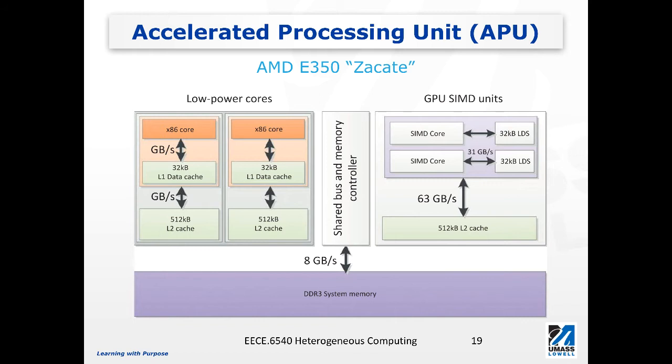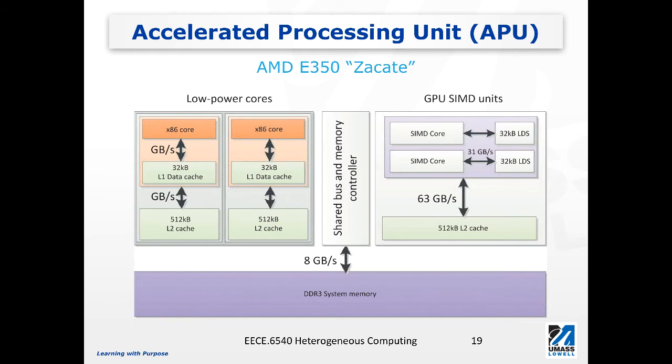In fact, it has 2 low power cores on the chip, and the GPU cores support SIMD. The x86 low power cores and GPU cores share data memory, DDR3 off chip, but they have private level 2 caches independently.